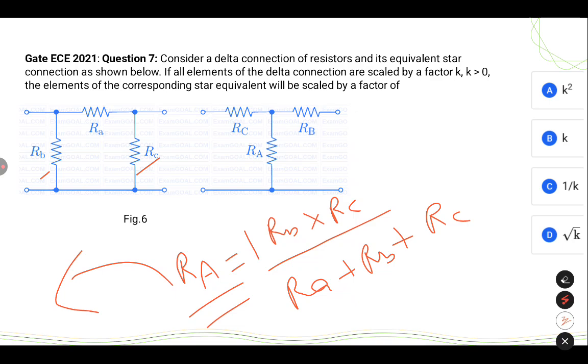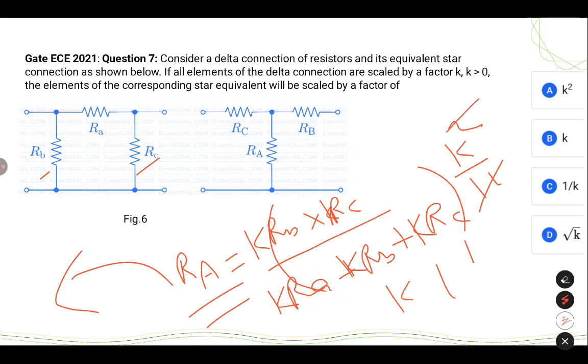Now put k everywhere. So k squared will be outside and k will be outside. So k will cancel. It will be scaled by factor k and the remaining will be the same.